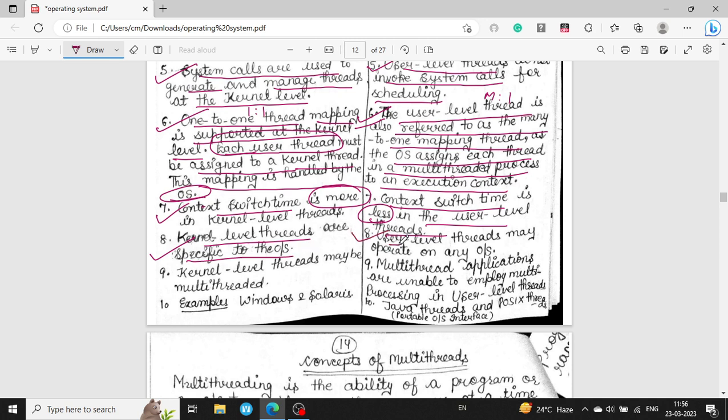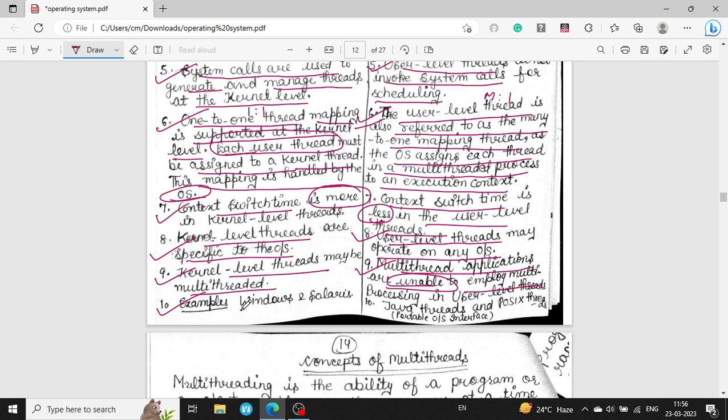On the other side, user level threads may operate on any type of operating system. Kernel level threads may be multi-threaded, while multi-threaded applications are unable to employ multi-processing in user level threads.